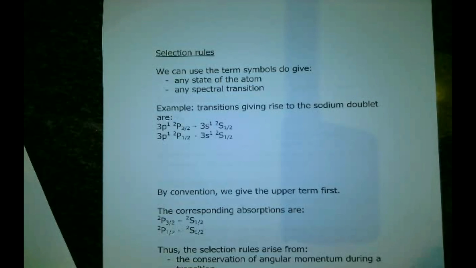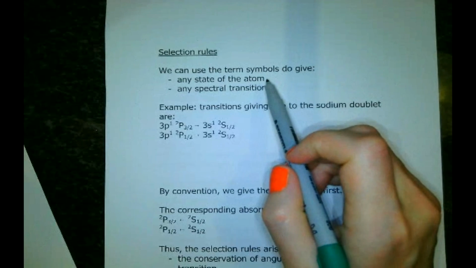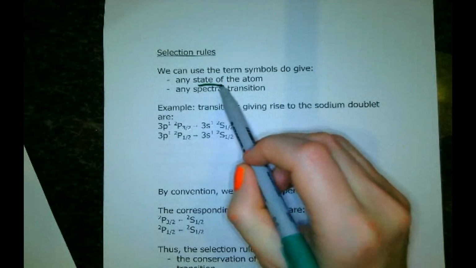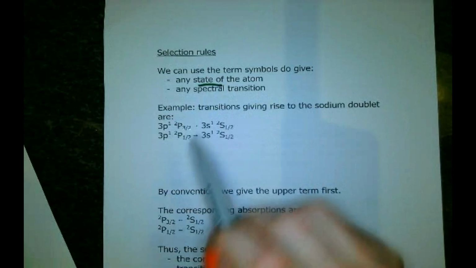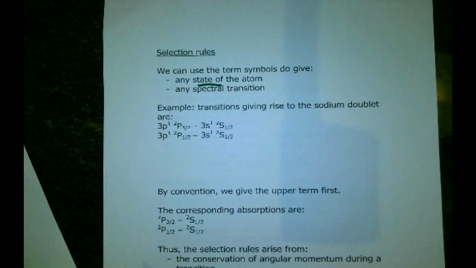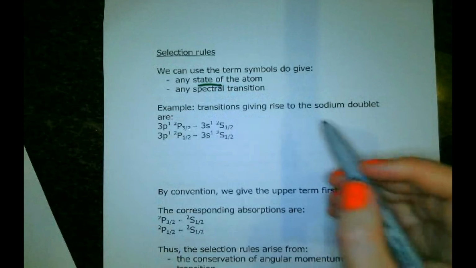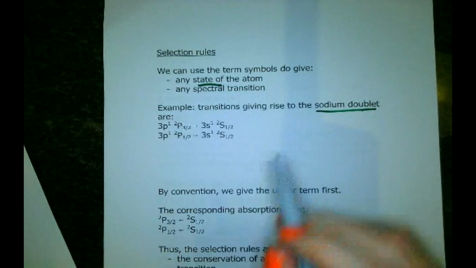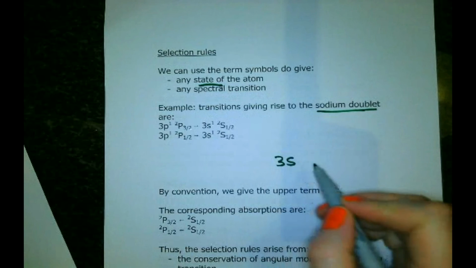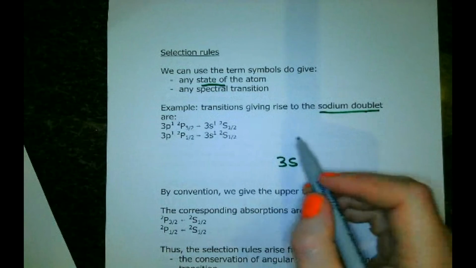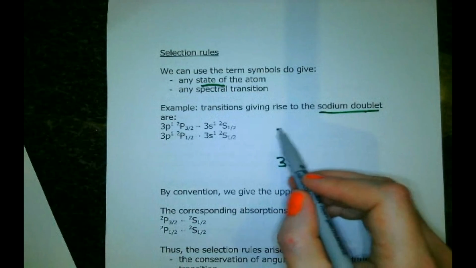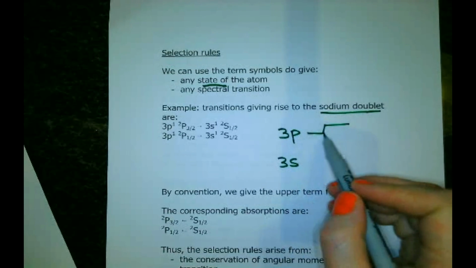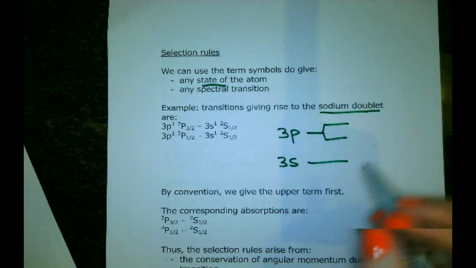Okay, so now that we know how to write term symbols, we can use them to specify any state of an atom, and we also use them to define a specific spectral transition. If we go back to our sodium case, remember we said we have a 3s orbital and a 3p orbital, and we get splitting of the 3p orbital.